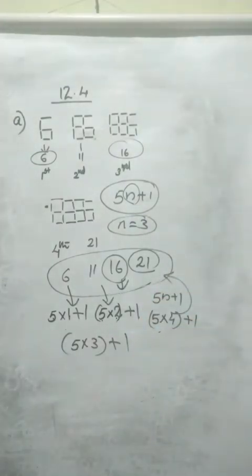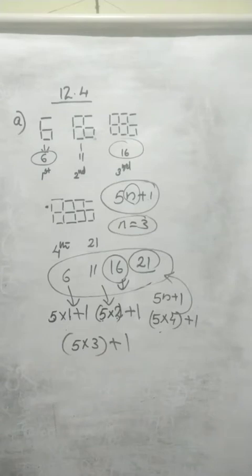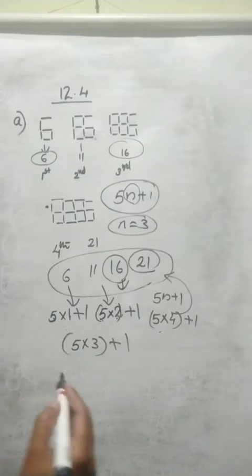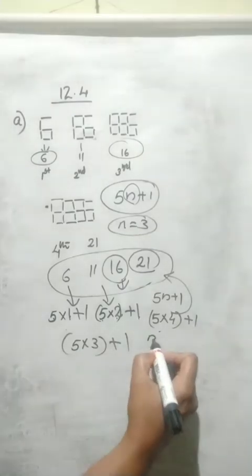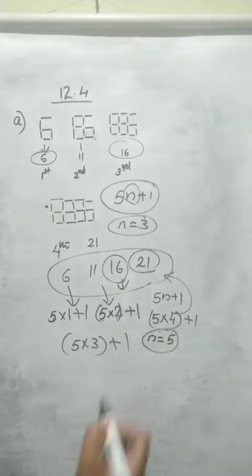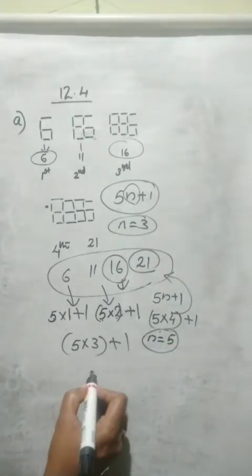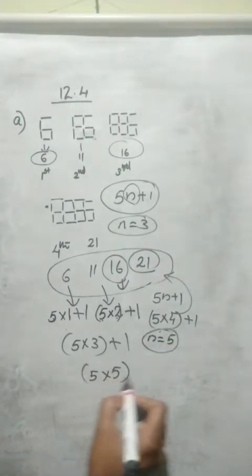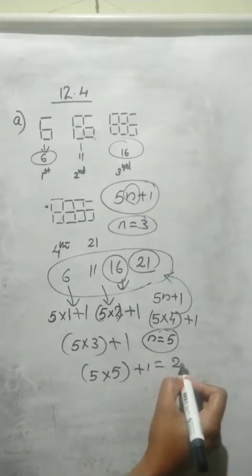But the question is, we have to find 5th term, 10th term and 100th term. Okay, then how can we find out? That is for 5, n is equal to 5. So 5 into 5 plus 1, that is 26.